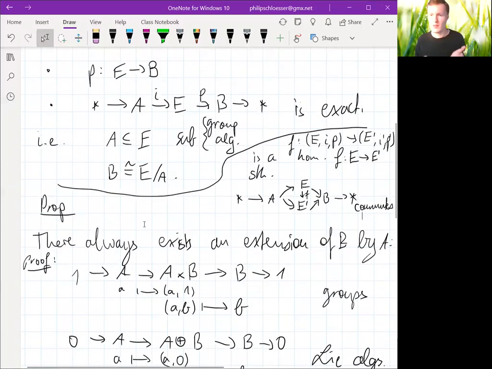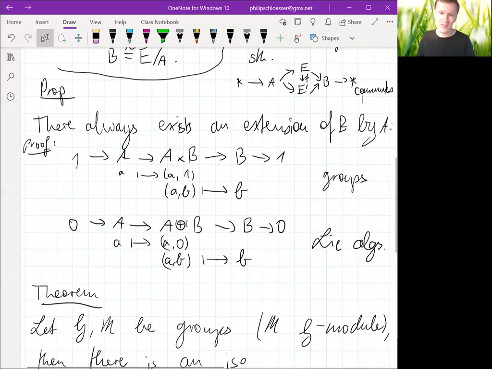And an isomorphism is then a morphism of extensions such that there is another morphism of extensions such that the compositions are just the identity.